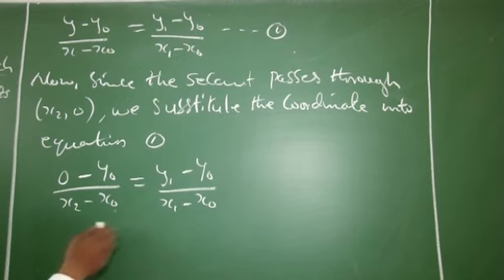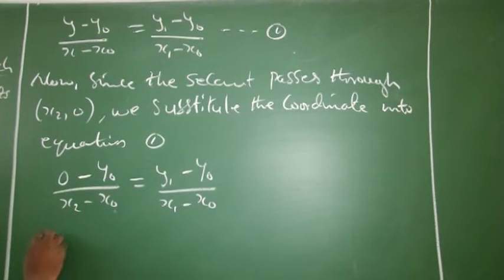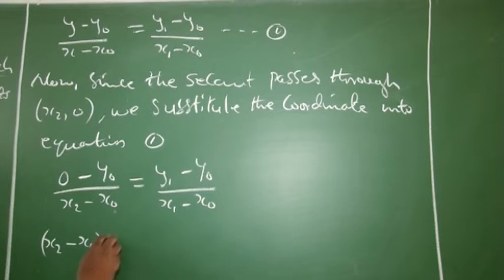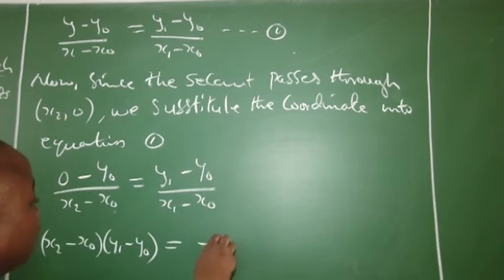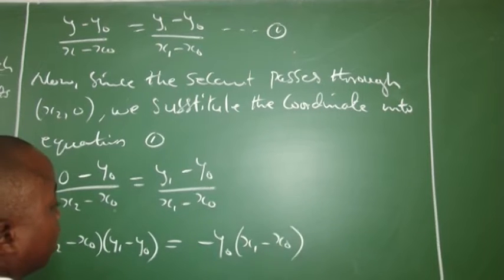By cross multiplication, I will have x subscript 2 minus x subscript 0 times y1 minus y of 0 equal minus y of 0 times x1 minus x of 0.